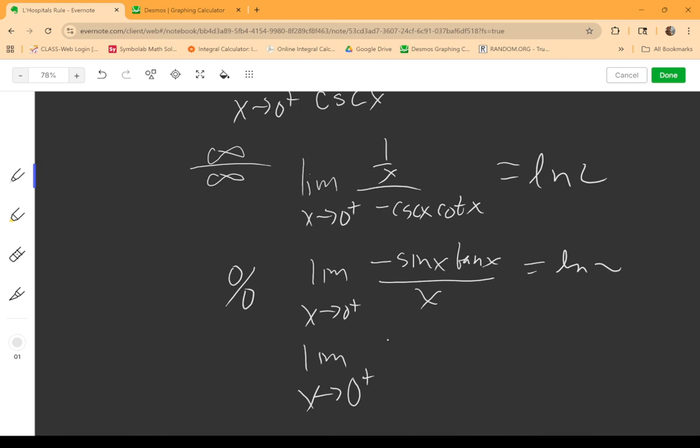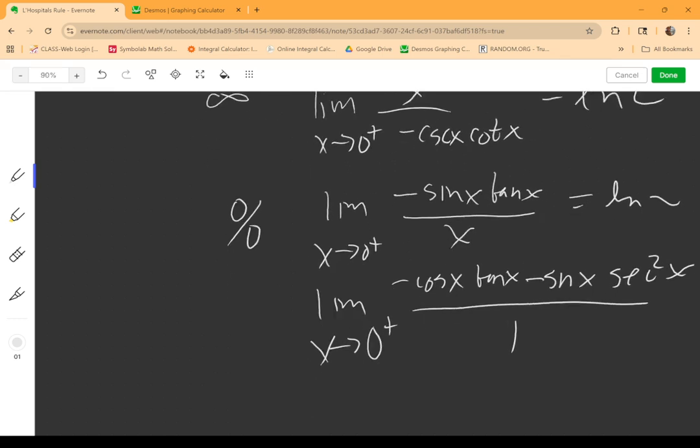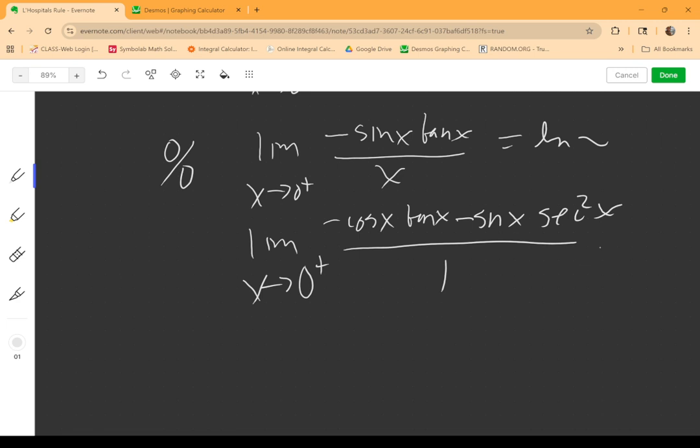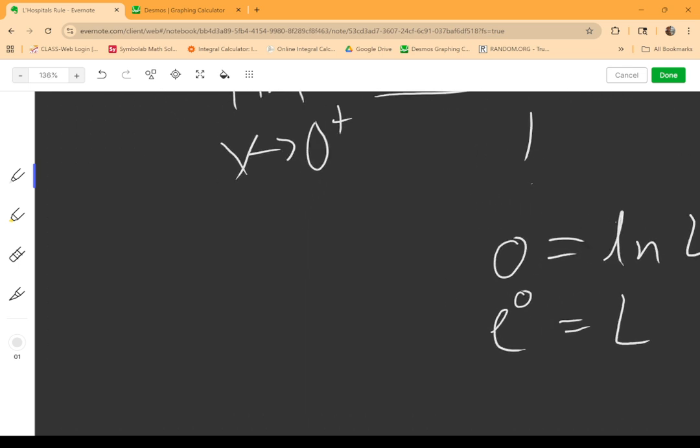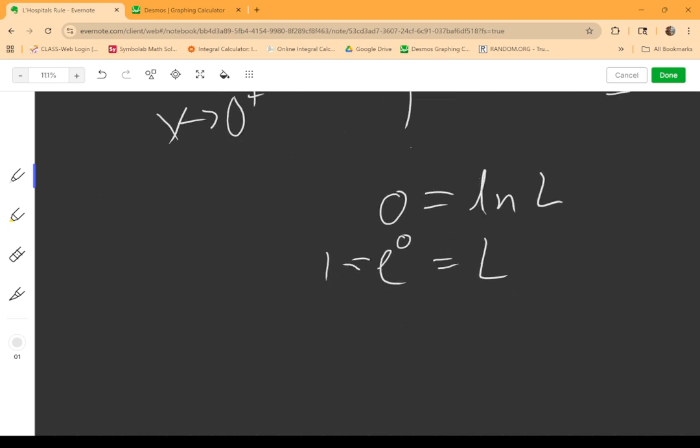So this becomes negative cosine x tangent x minus sine x secant squared x, all over 1, equals ln of L. Plugging that in, this goes to 0, that goes to 0, so plugging in 0 is equal to ln of L, which means that, again, by inverse properties of the natural log, e to the 0 is equal to L, or L is equal to 1.